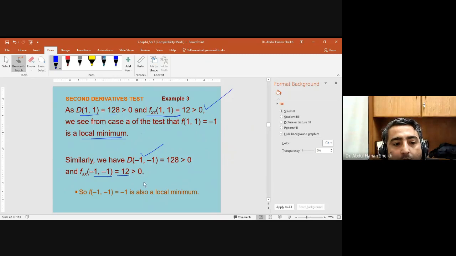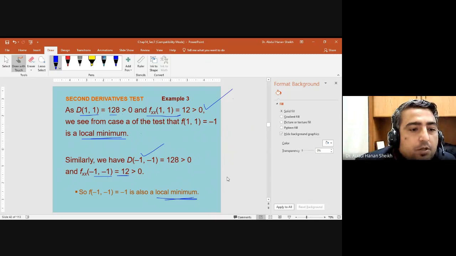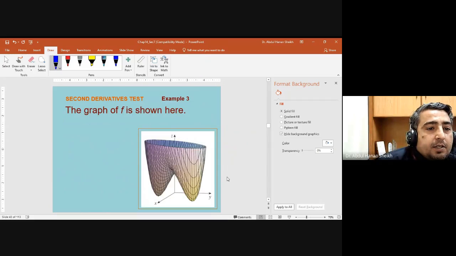Cool. So this is also a local minimum. Now this function has two local minima at different points, and out of these two local minima, one will be the absolute minimum.